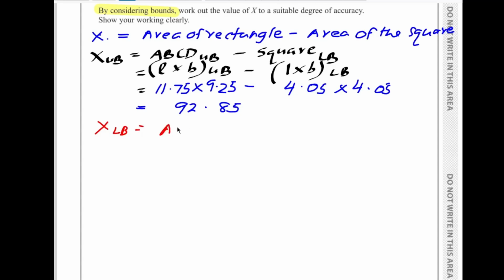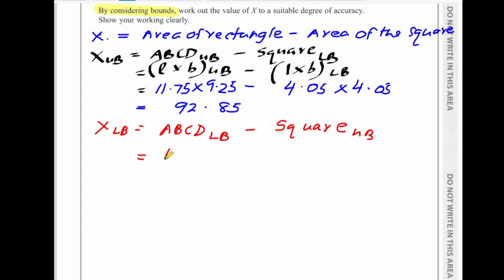So the area of ABCD, lower bound, minus area of square, upper bound, because I need to get a smallest answer. Then from a smallest answer, if I take away a biggest one or maximum one, then the remaining one will be lowest.